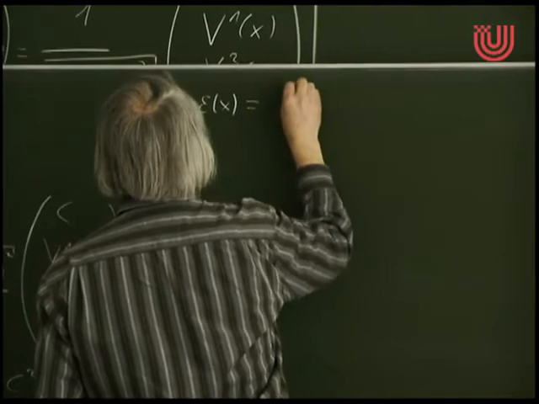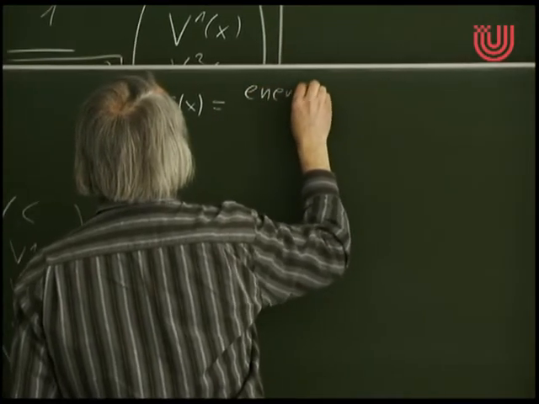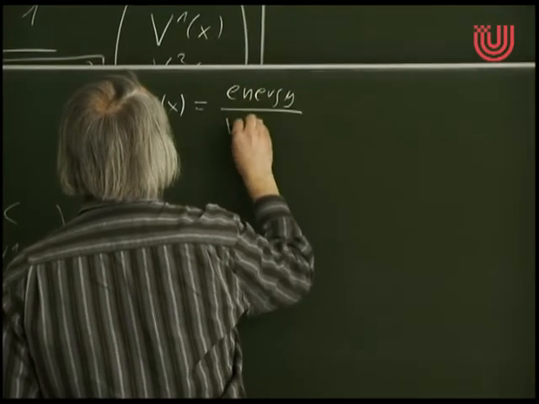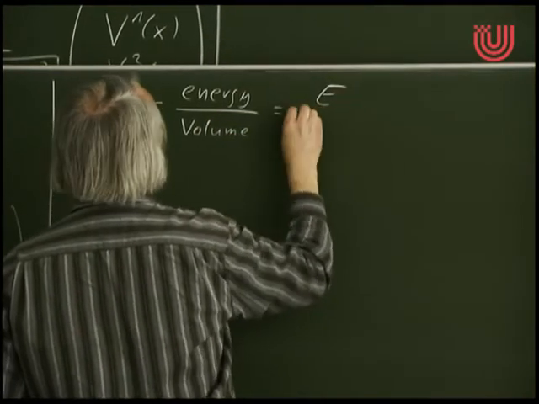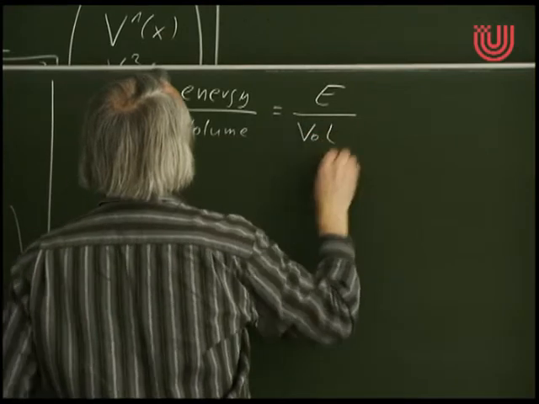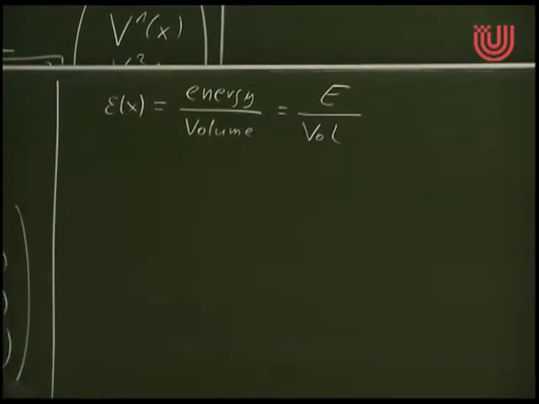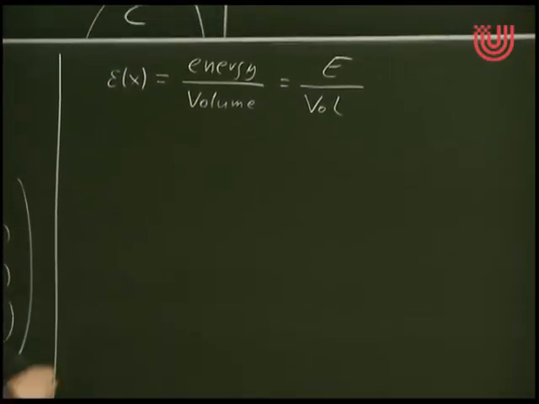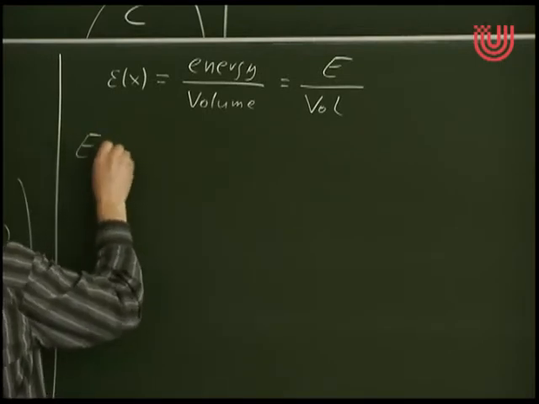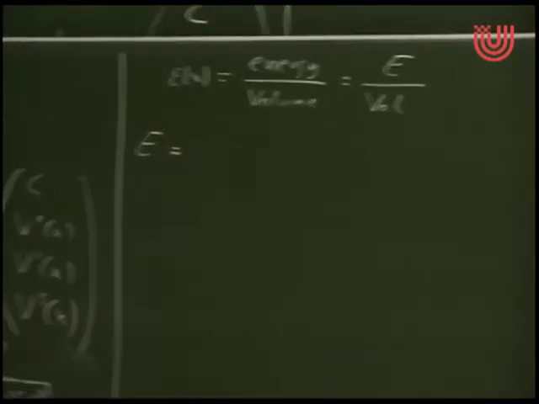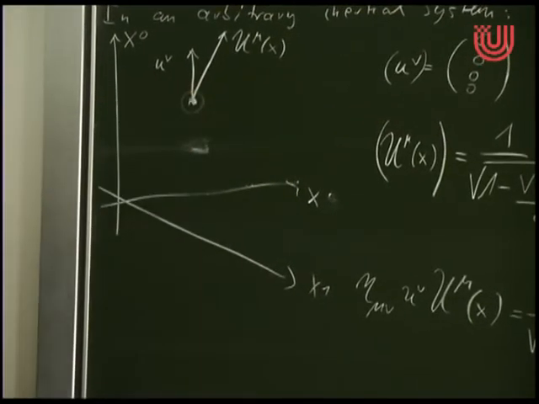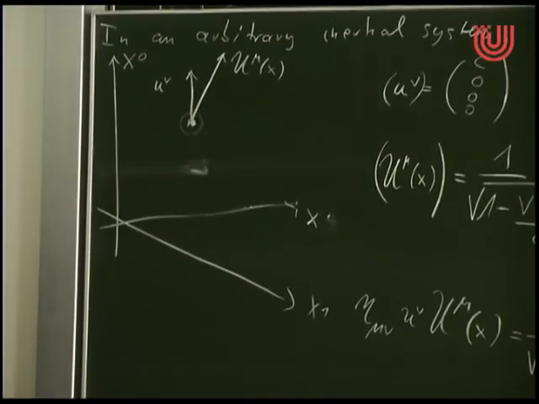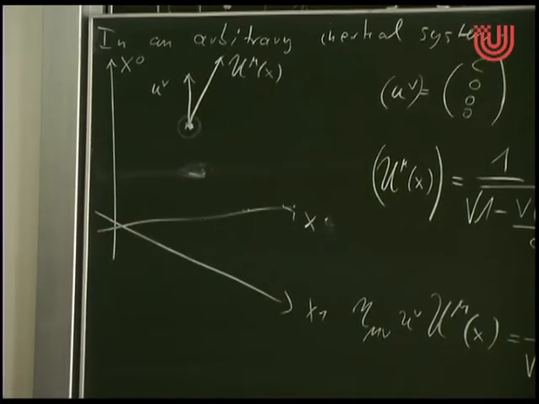So epsilon of x was something of this sort. Energy divided by volume. So let me denote the energy by E and the volume by vol. So E is what? Well, I have a little volume element around this point, and I want to know what is the energy inside this.